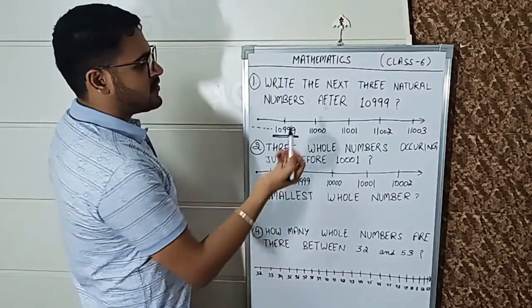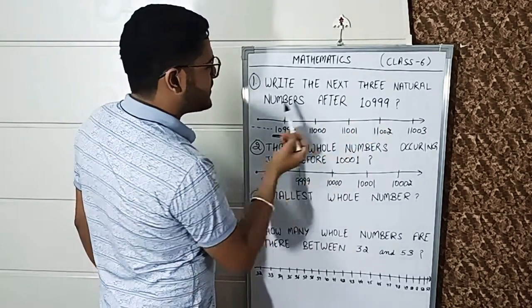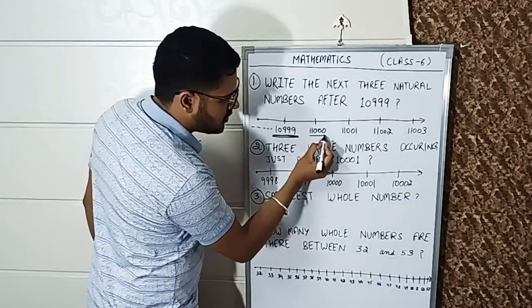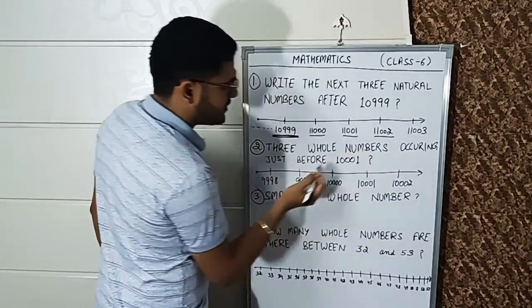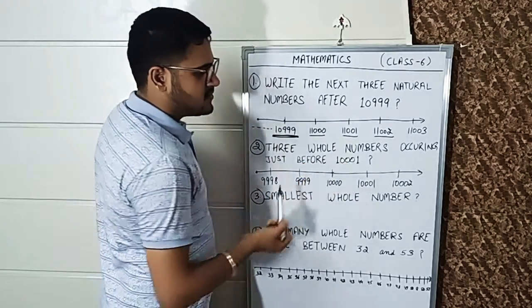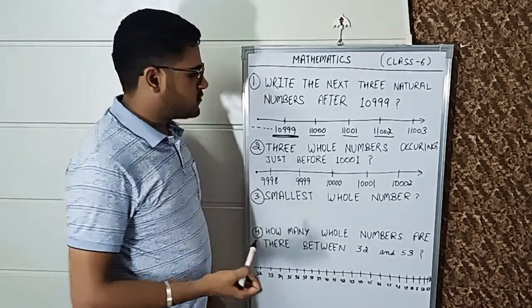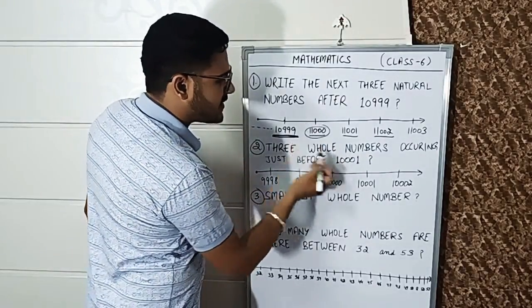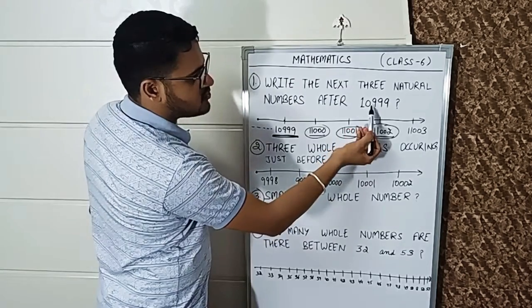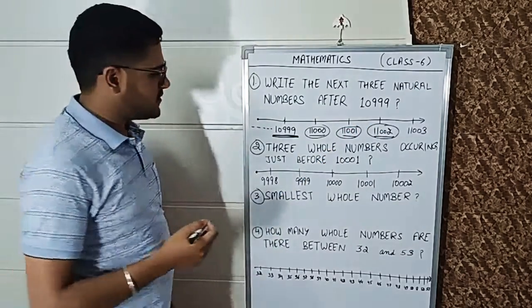What we need is the next three natural numbers. What will be the next three natural numbers? 1, 2, 3. It means 11,000, 11,001, 11,002. So these are our next three natural numbers after 10,999.